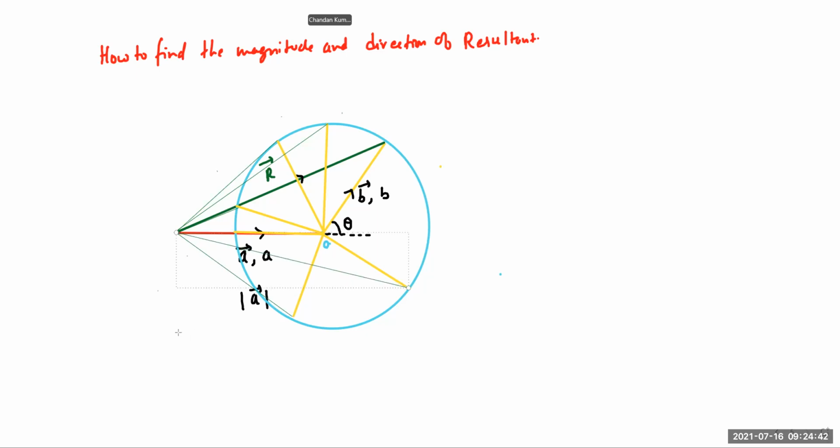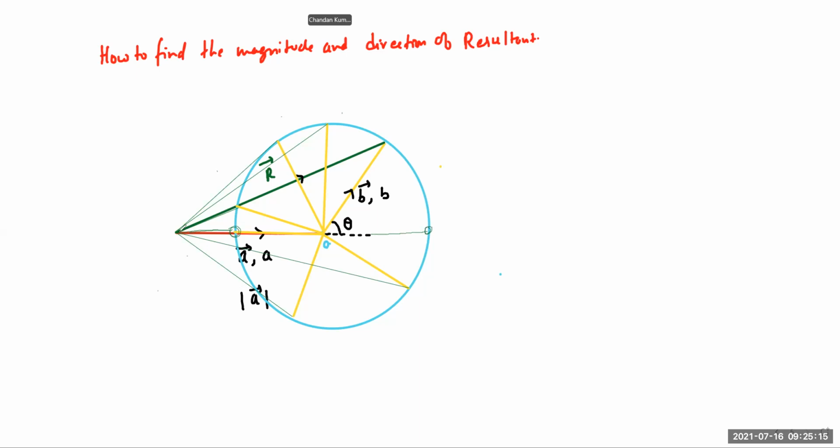Now, do you realize that R is variable if theta is variable? It means if the angle between the two vectors changes, you end up getting a different resultant. And you can also realize that you will get the smallest resultant when you are here, because that is the only R. And the biggest R will be when the yellow line is here.